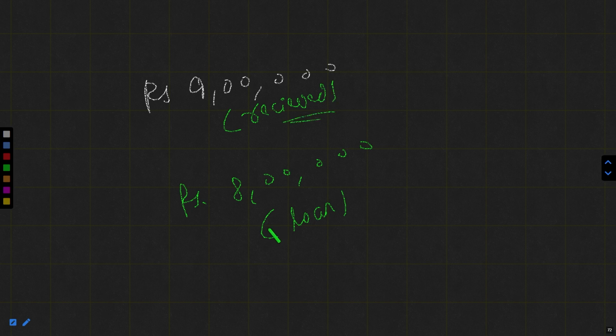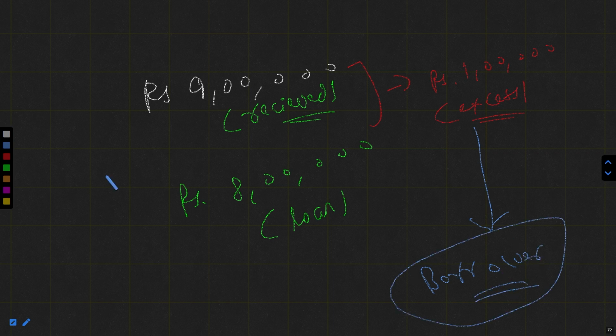In this case, if you look at them, you will find that there is 1 lakh rupees excess. So to whom would this 1 lakh be granted? To the borrower.